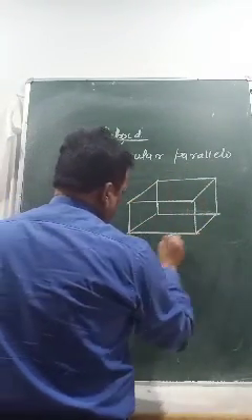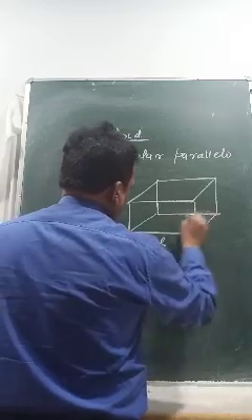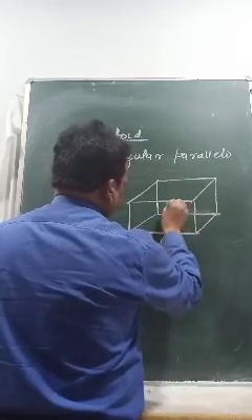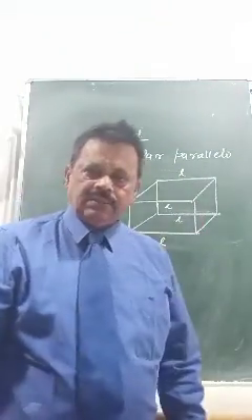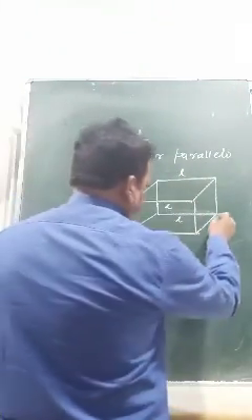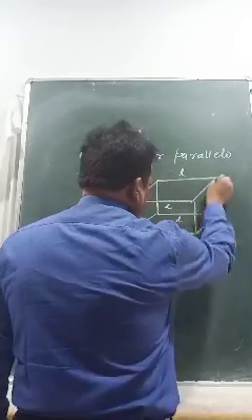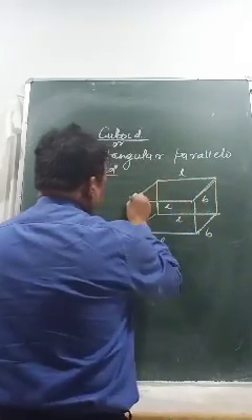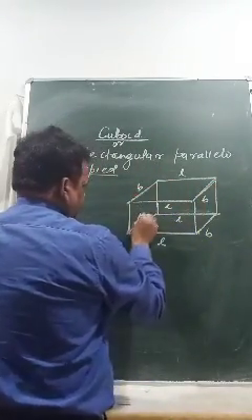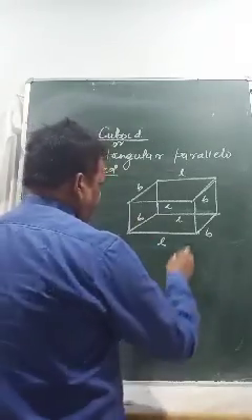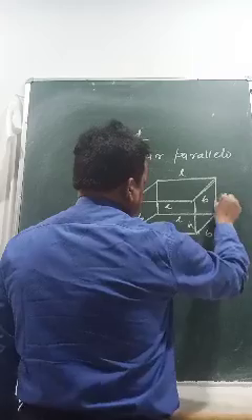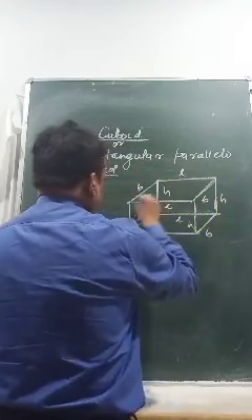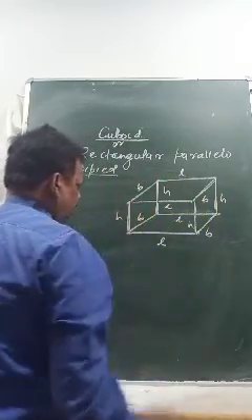If this is L, this will be L, this will be L, this will be L. Breadth, you see, this is B, this is B, this is also B. Height, this is height, this is height, this is height.